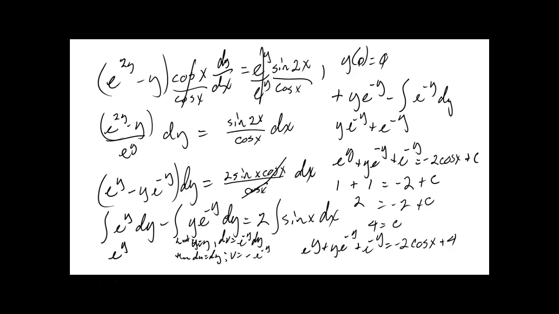The two-dimensional curves defined by g of x, y is equal to c, where c is a constant, are called the level curves of the function. With the aid of CAS, computer algebra system, some of the level curves of the function g of x, y is equal to e to the y plus y e to the minus y plus e to the minus y plus 2 cosine x, bringing that over.